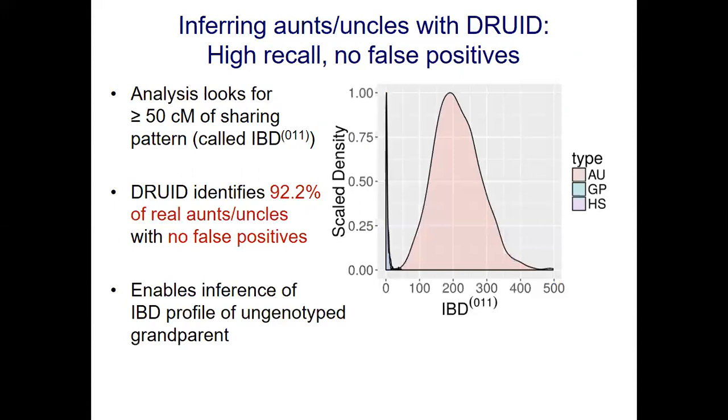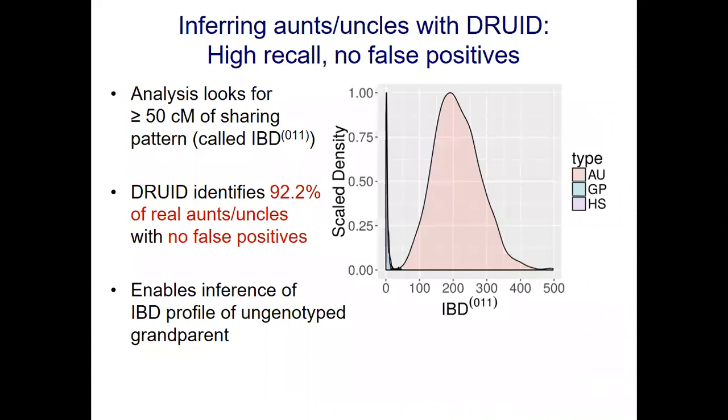In this case, I'm showing real data for aunts, uncles, grandparents, and half siblings. And we quantify these regions where the two siblings are IBD0 with each other, and then have an IBD segment with the aunt or uncle as IBD011. So our analysis looks for total amounts of IBD011 of greater than or equal to 50 centimorgans.